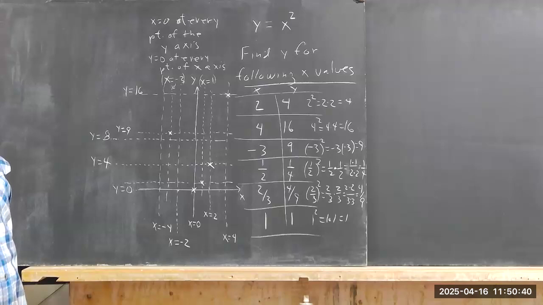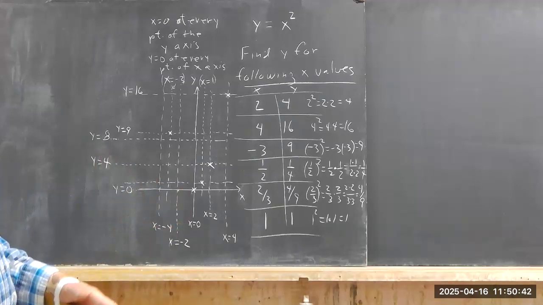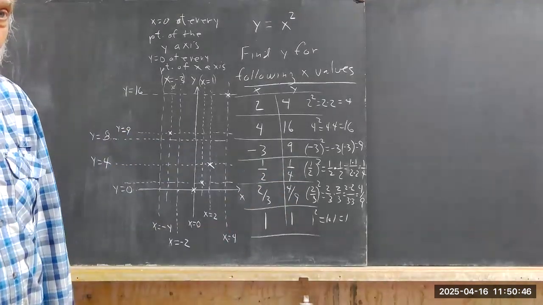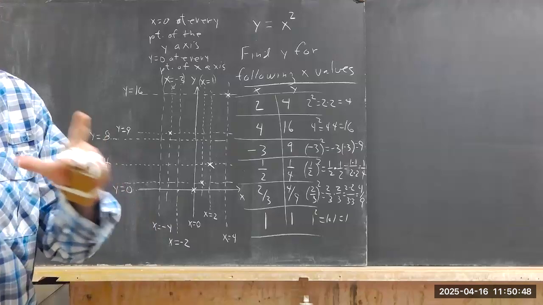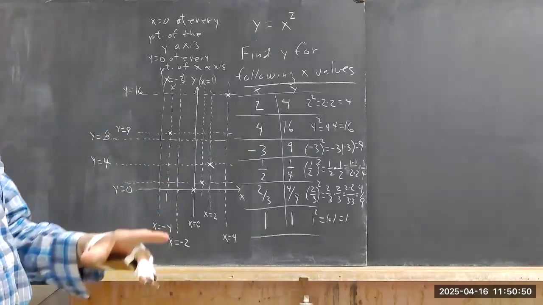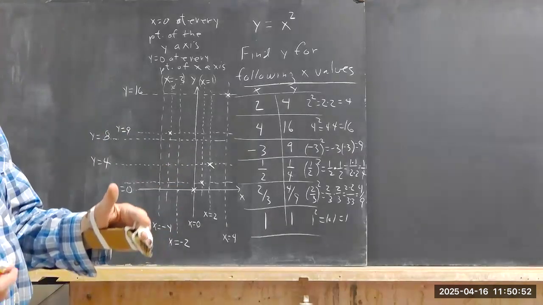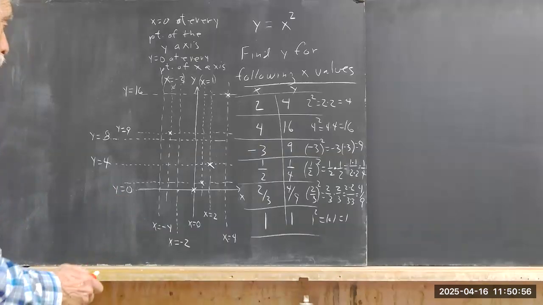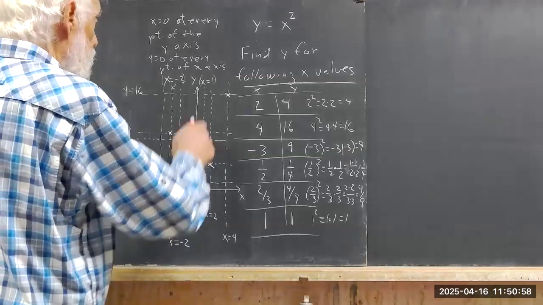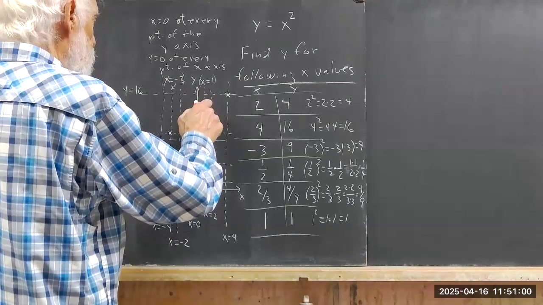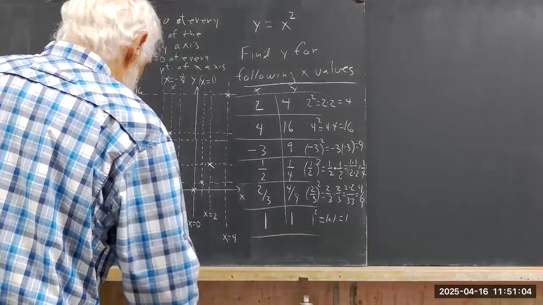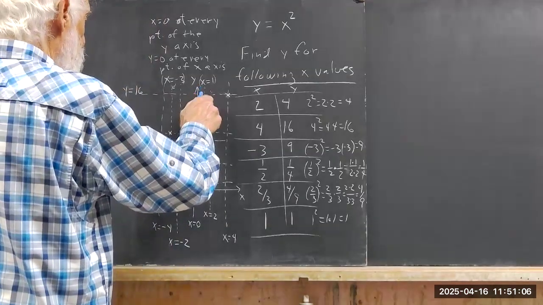Okay. Now, if you draw a big enough graph, you can still do x equals 1/2, y equals 1/4. Where's that going to be? Now, this is pretty important for understanding the shape of the graph. Otherwise, the shape of your graph might be a little pointy. But it's very smooth when it gets down here. So x equals 1/2, and I'm going to make that a little different color.